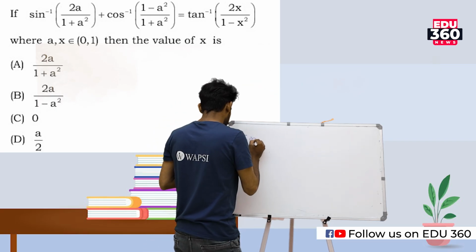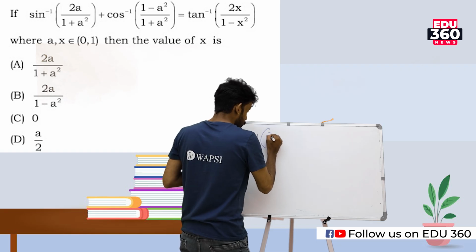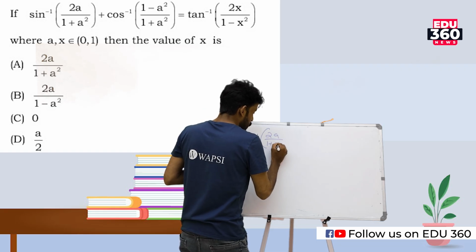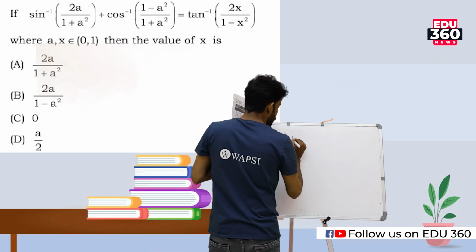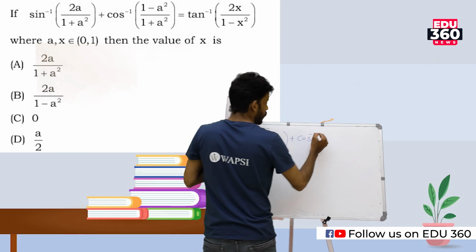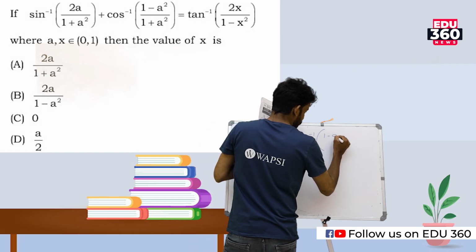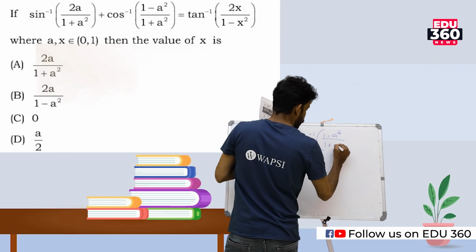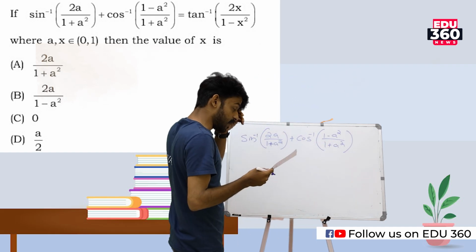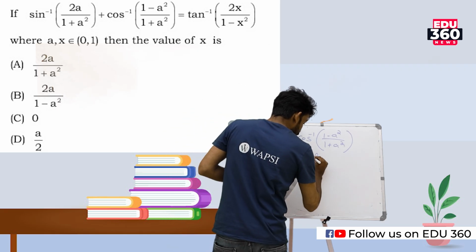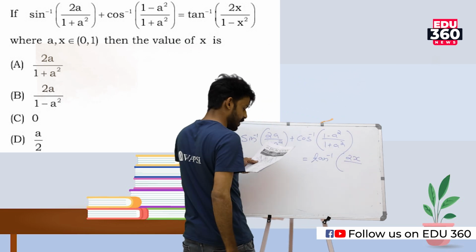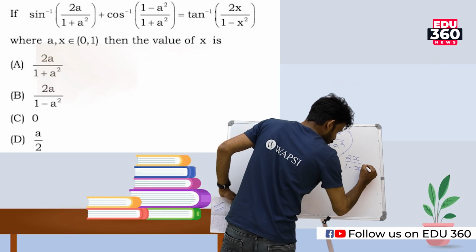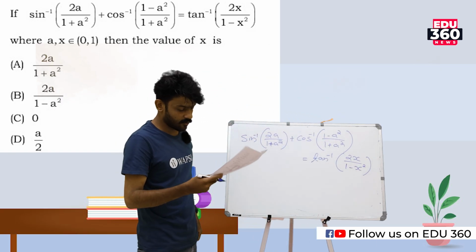It's given that sine inverse of 2a divided by 1 plus a square, plus cos inverse of 1 minus a square divided by 1 plus a square, is equal to tan inverse of 2x divided by 1 minus x square.